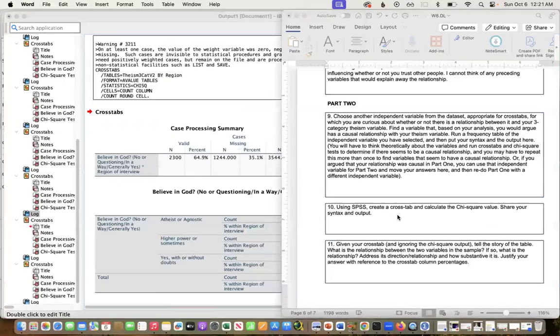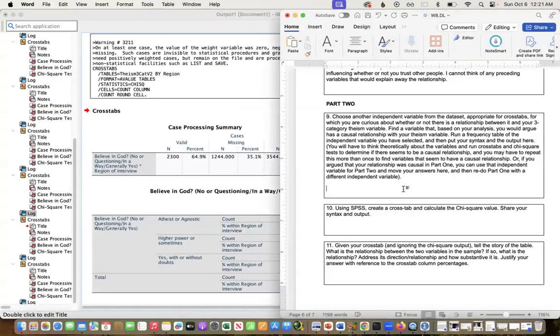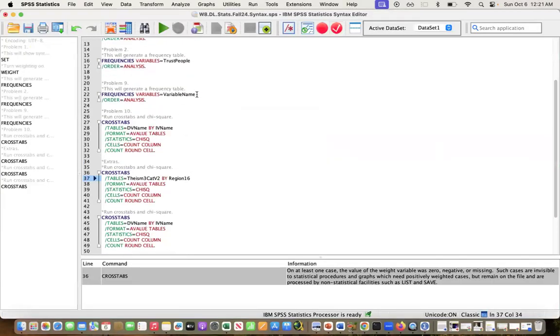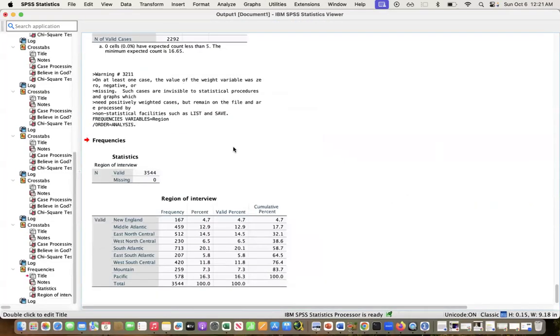So what I'm going to do here is it wants me to do a frequency table of region. So that is right here for problem 9. And then just seeing where folks live on the distribution of my respondents.